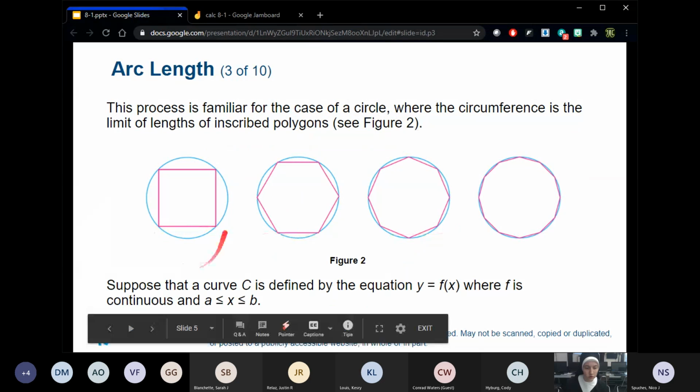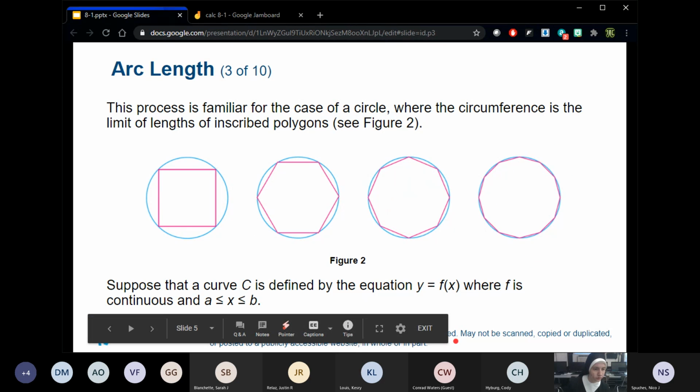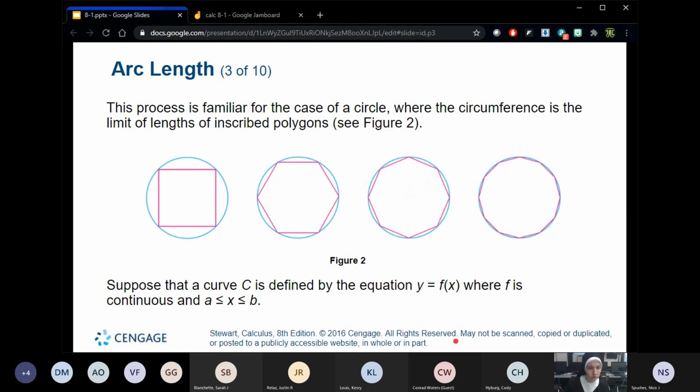So this is where we're looking at finding it for the circumference of a circle. And this is actually how they originally did it way back in the Pythagorean times and Greek times. They were able to figure out the square, and then they wanted to keep going to find the perimeter, and eventually they ended up coming out with 3.1415, and it keeps going.